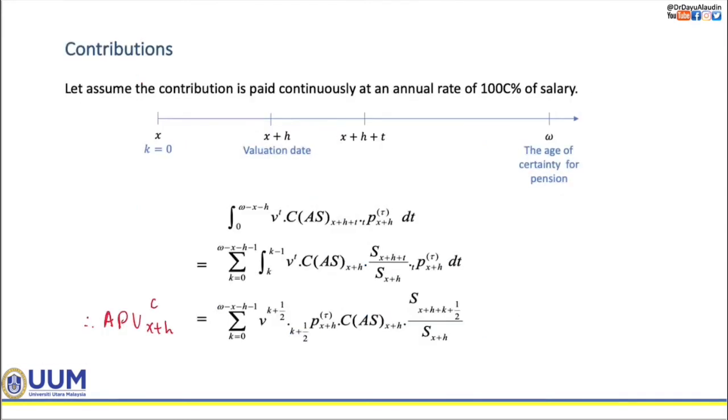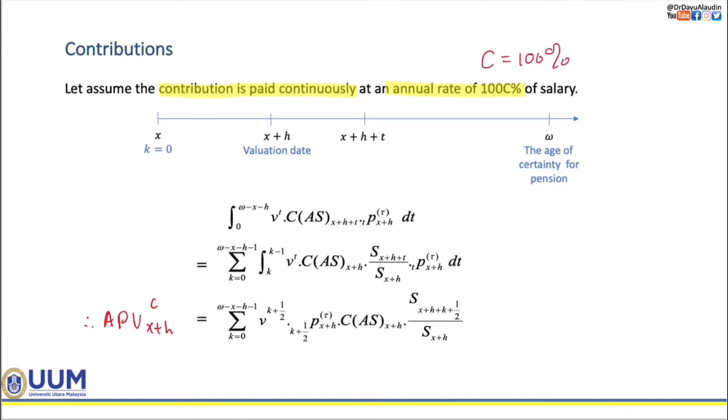Next part is we look at the contributions. So let's assume the contribution is continuous at an annual rate of 100%. So c is 100%. c stands for the contribution is 100% of the salary.